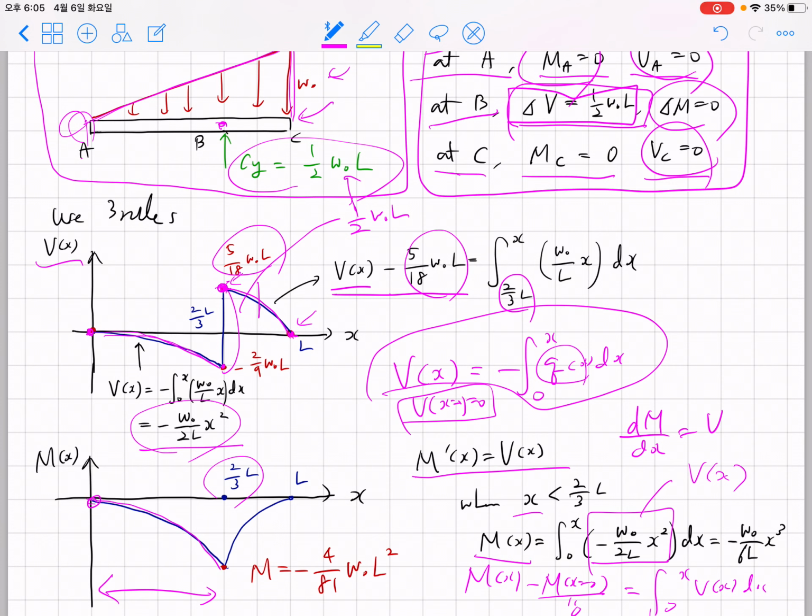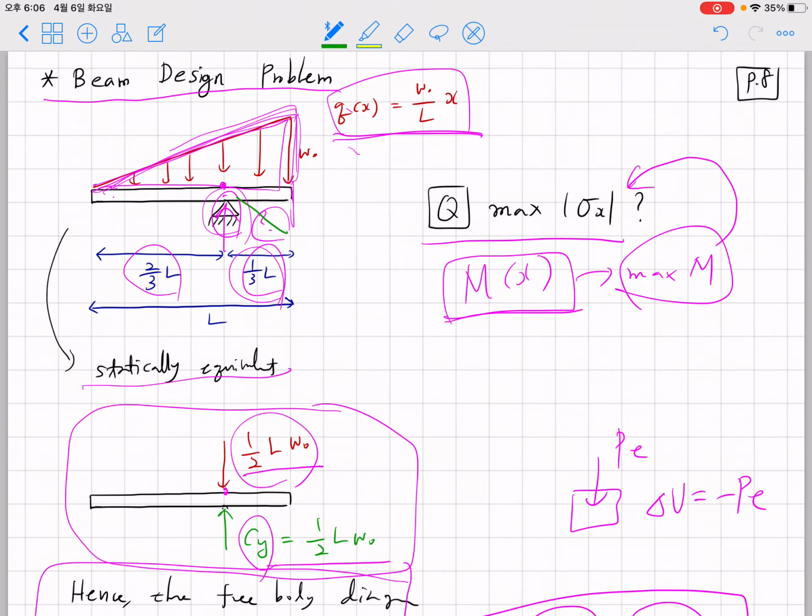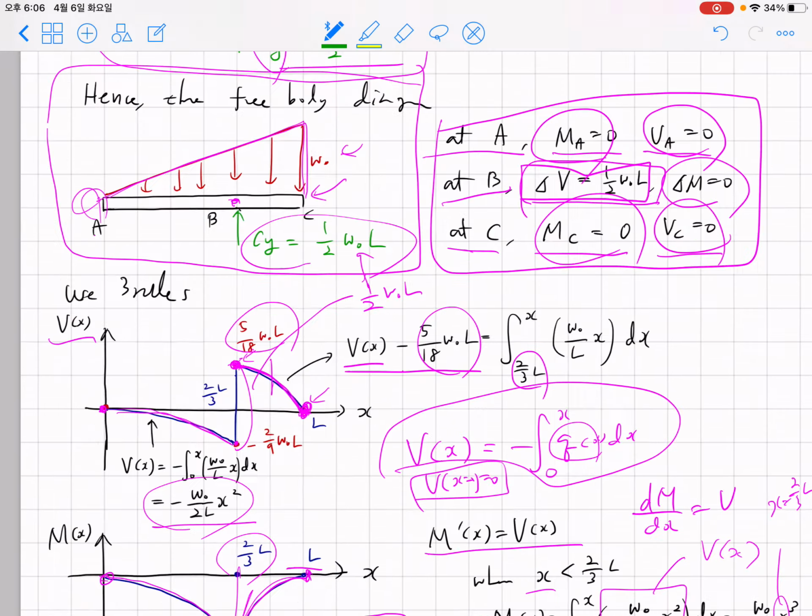The maximum magnitude of M at this support turns out to be minus 4/81 W0 L squared by plugging in x equals 2/3 L. So we identify that out of the original problem, this is the point with the maximum absolute value of M.